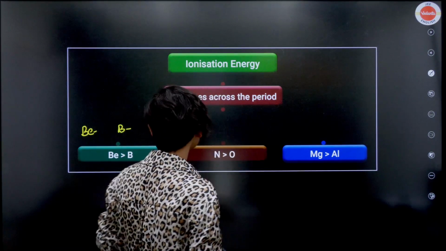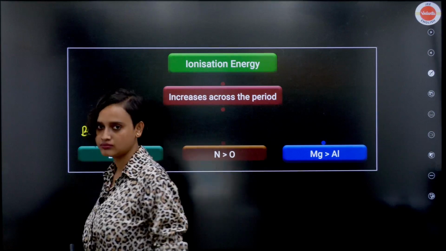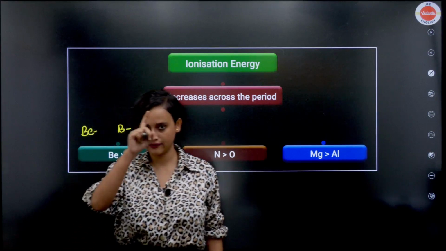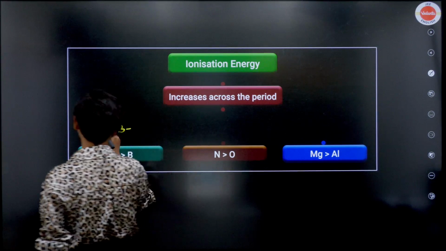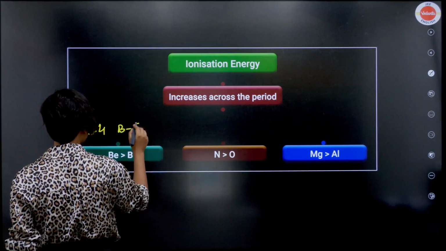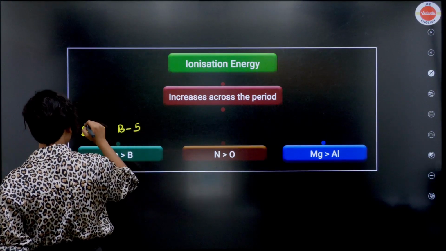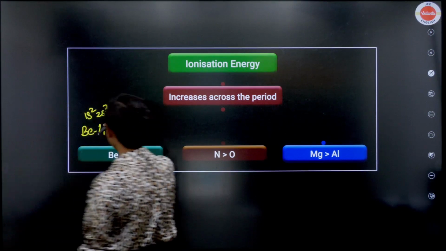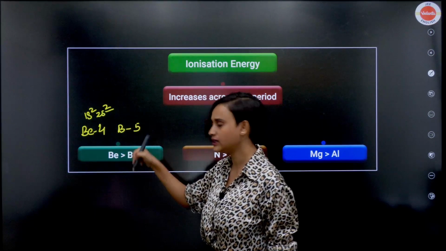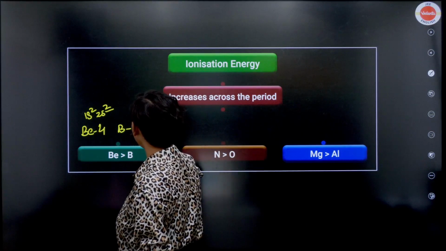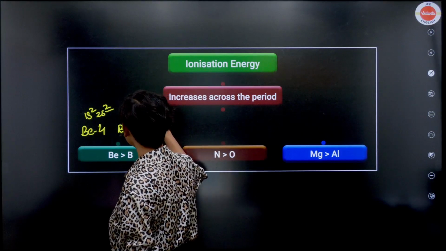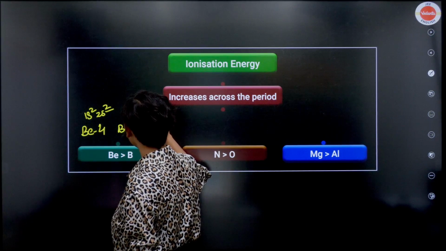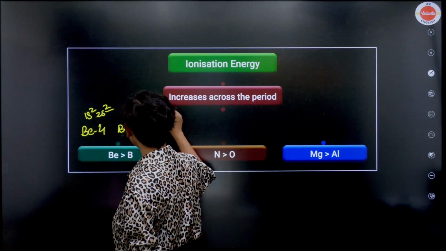What is beryllium's atomic number? Beryllium has an atomic number of 4, and boron has an atomic number of 5. So, for beryllium, it is 1s2 and 2s2, fully filled. Now, check it out here. Boron is 1s2, 2s2 and then 2p1.